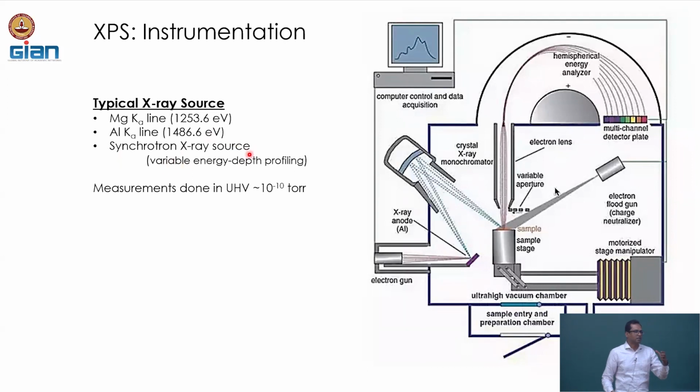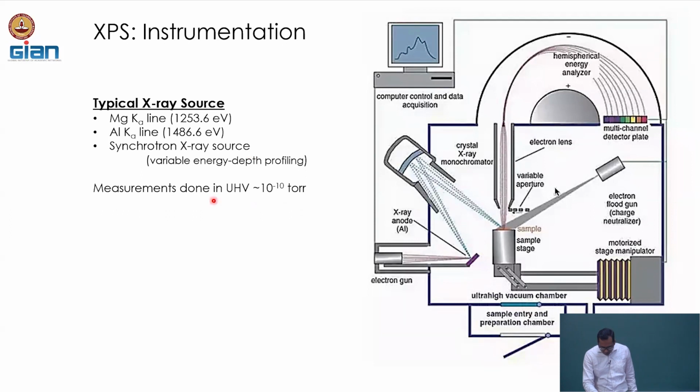Instead of X-rays coming from one single source tube where your copper or magnesium or aluminum is present, now you have a tunable energy, and we will see one example of how that tunable energy can give us more surface sensitive information than the typical XPS we have on a bench scale in our academic institutions, and this is typically done at ultra high vacuum conditions.